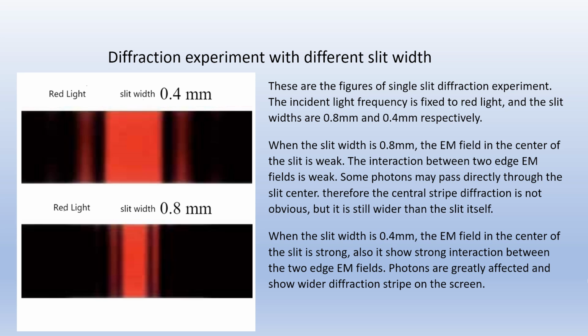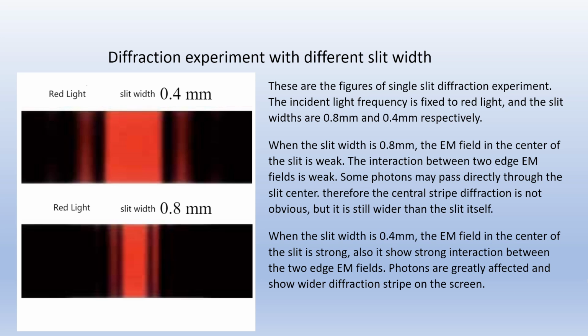These are the figures of a single slit diffraction experiment. The incident light frequency is fixed to red light, and the slit widths are 0.8 mm and 0.4 mm respectively. When the slit width is 0.8 mm, the M field in the center of the slit is weak. The interaction between the two edge M fields is weak.